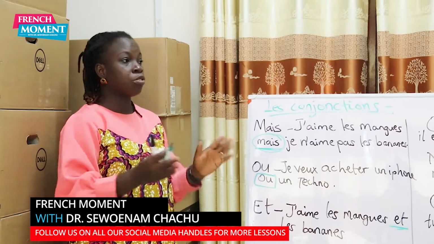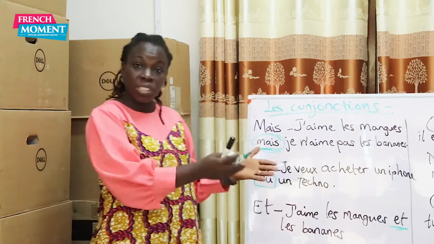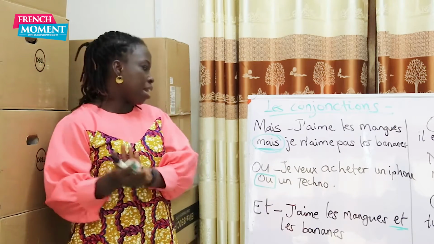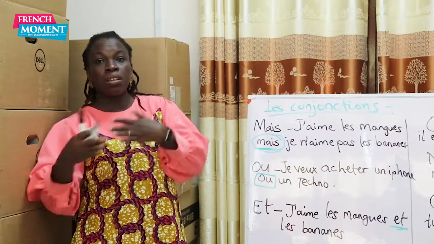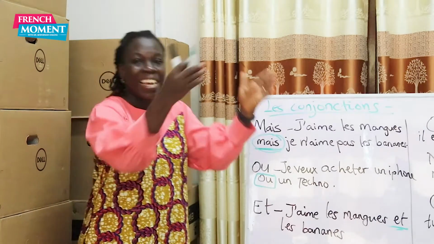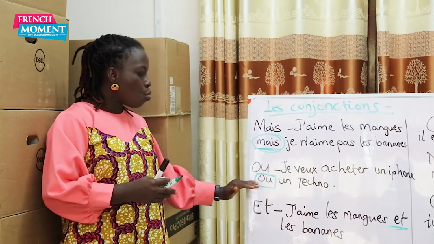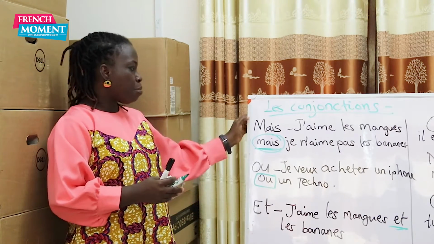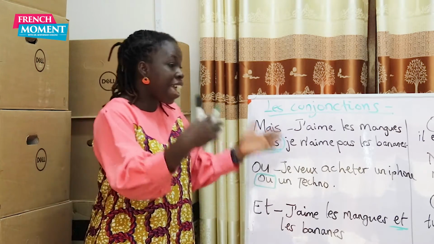So you're asking your child, do you want to go out or do you want to stay at home? Then we have et. "Kofi et Ama sont mes amis." Kofi and Ama are my friends. And so we have mais, ou, and et. Mais is but, ou is or, et is and.